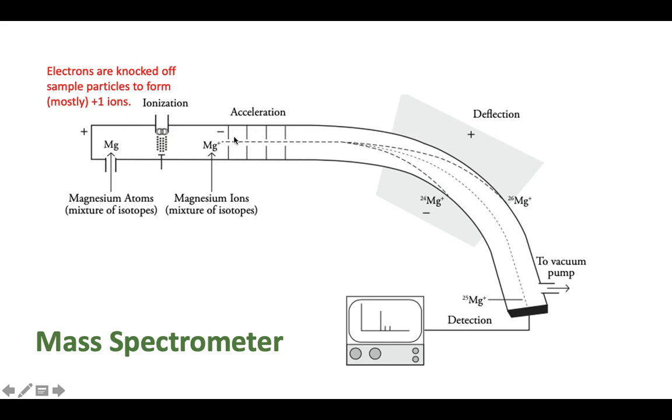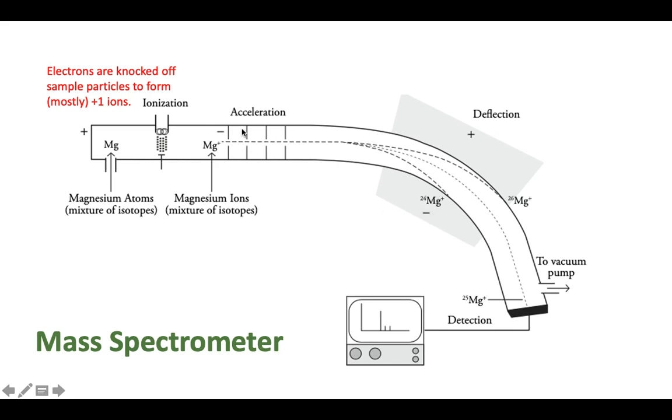So it's charged, and the reason why it's charged is because eventually it will get attracted over here towards the negative plates. Remember, opposites attract. So the positive ions of the magnesium in this mixture of isotopes will get shot through the tube, and it'll get attracted towards the negative side.